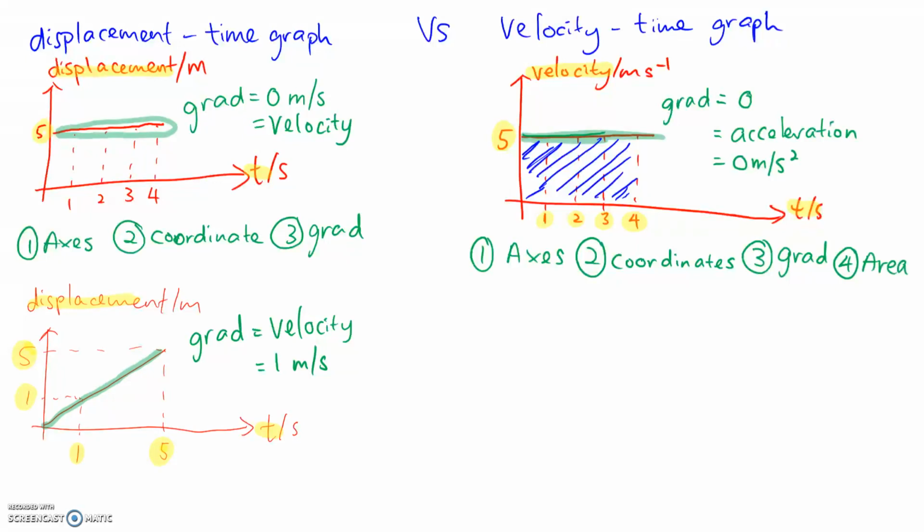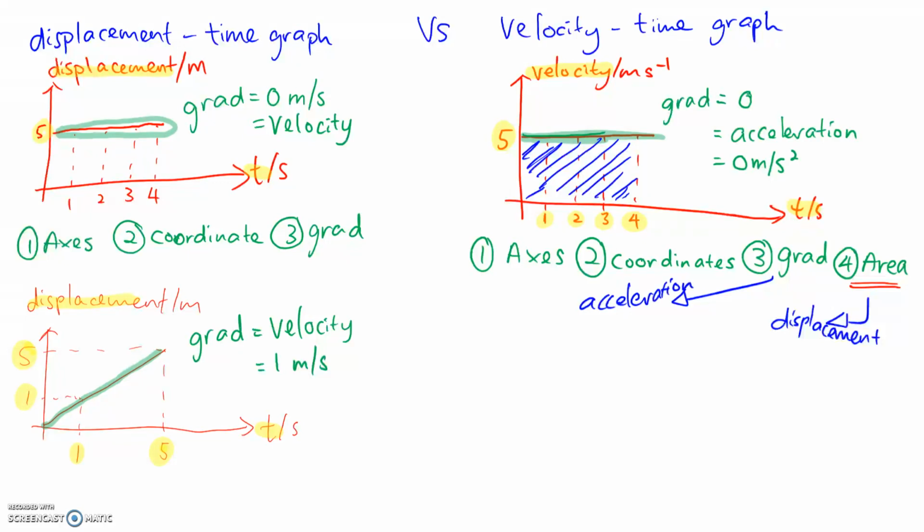And of course the last one that you have over here is the area. You will notice that in the displacement time graph, there's only gradient, but in the velocity time graph, there's an additional area. So what does the area represent? The area will represent the displacement, and the gradient over here tells you the acceleration.